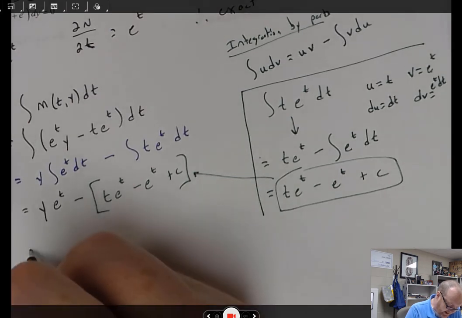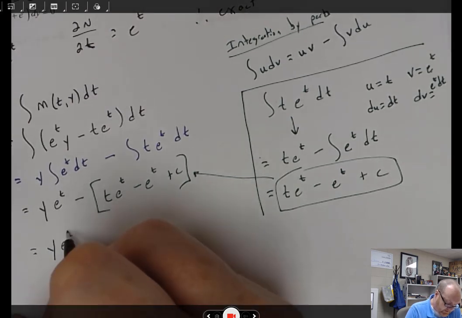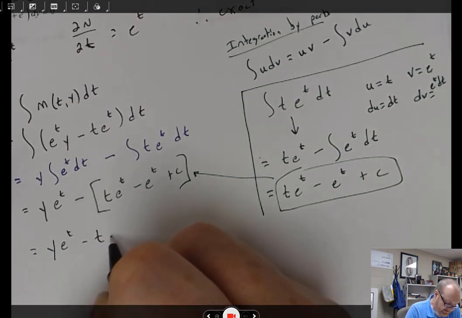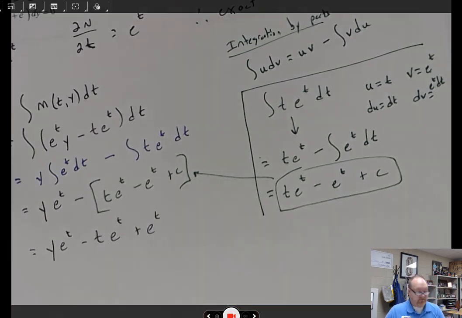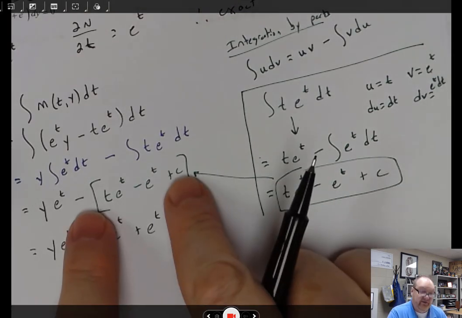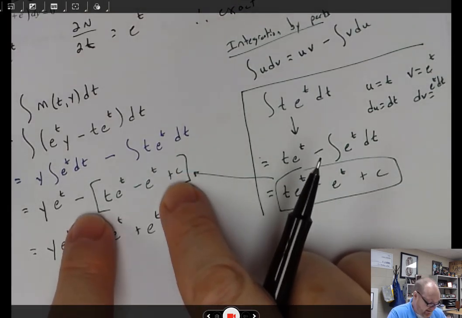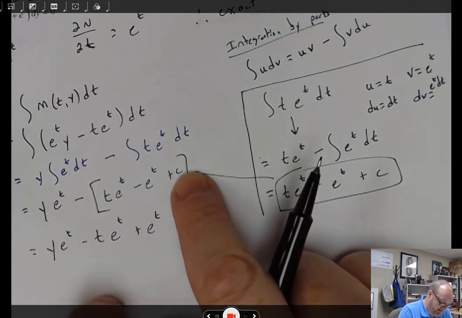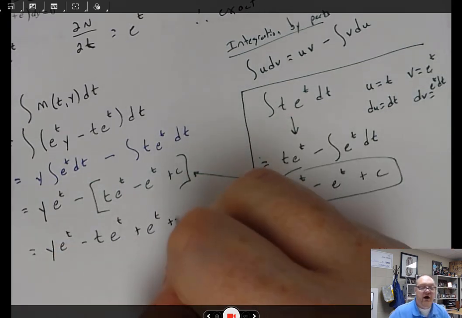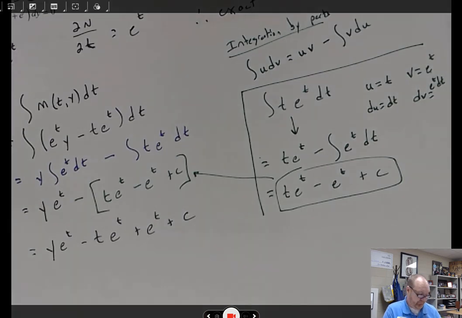So this actually looks like y e to the t minus t e to the t plus e to the t. And this next piece is going to bother some of you. Don't let it. This is a constant. I don't know if it's positive or negative, but this is the opposite of that constant. I'm just going to account for it by always tacking on a plus c.